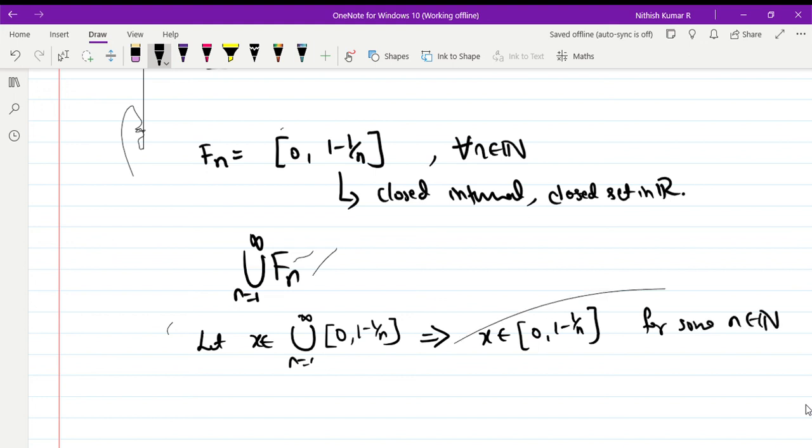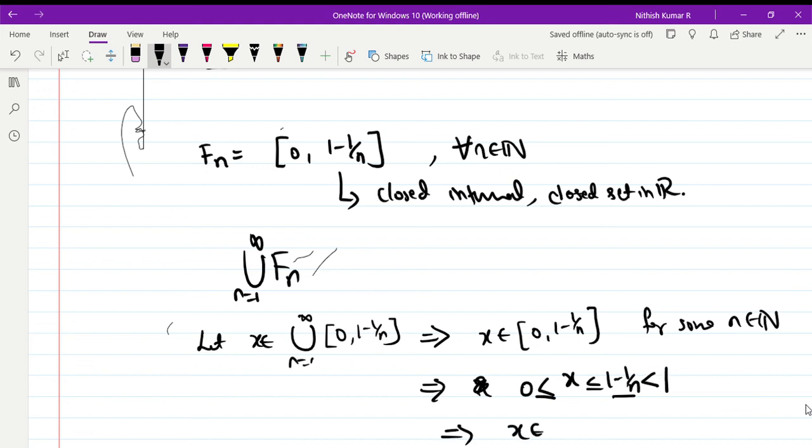Now this implies 0 is less than or equal to x, which is less than or equal to 1 - 1/n, but this 1 - 1/n is always less than 1. So this implies x belongs to the half open interval [0, 1), where 0 is included, 1 is not included.